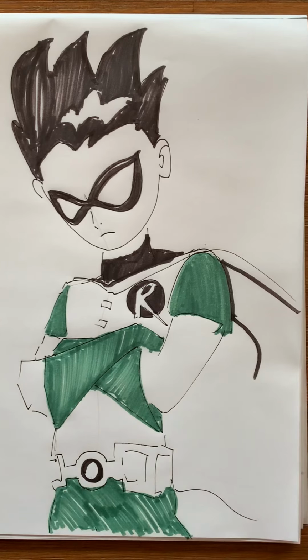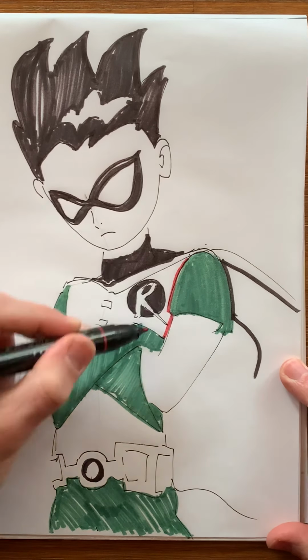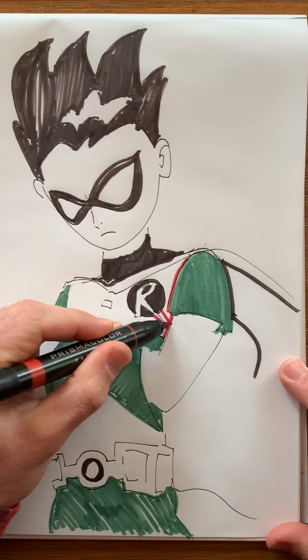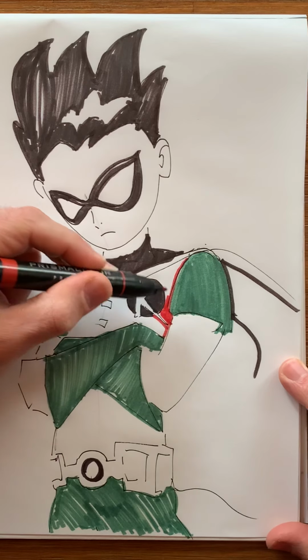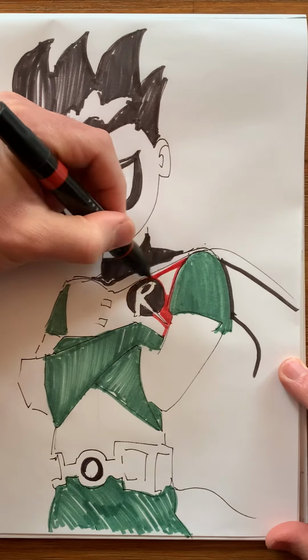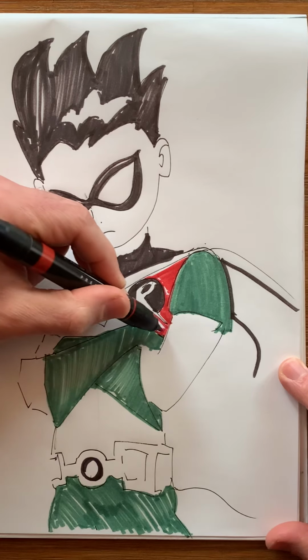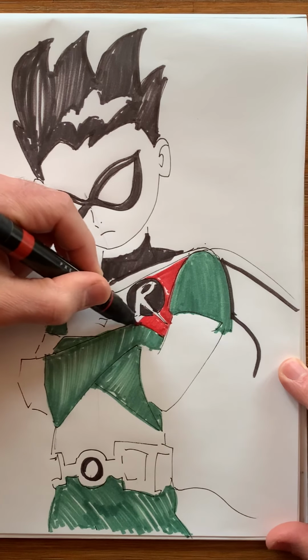All right, moving forward, we're going to get into the red of his vest. It's this part here, inside. Try not to get the red on the R because we're going to make the R yellow. The red and green, really nice combo here, really makes things stand out.